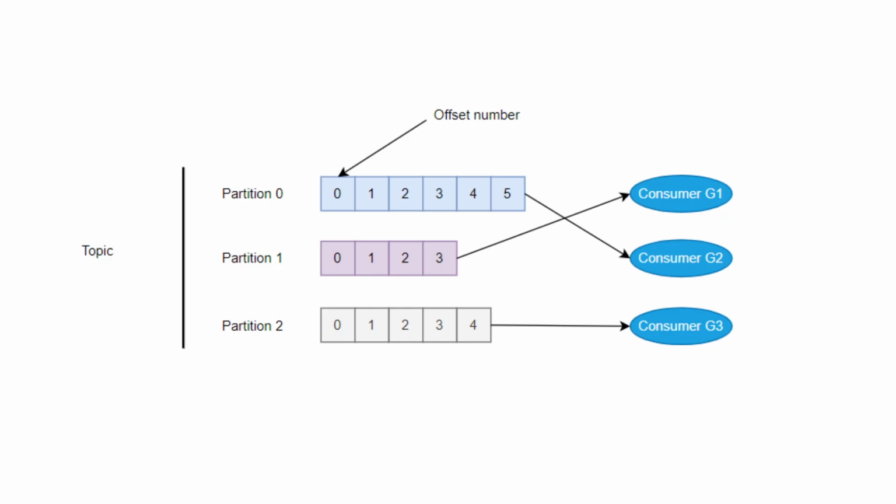But that doesn't mean the messages in the partitions are the same. The message which is published into partition 0 is going to be only for partition 0 and not for partition 1 or 2. And messages inside of a partition are always in the order of how they were published.